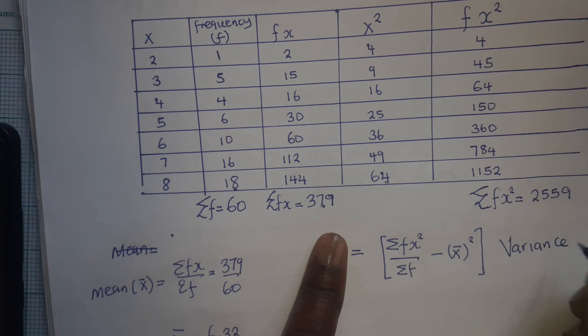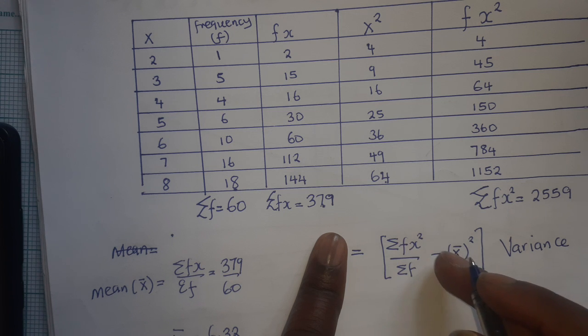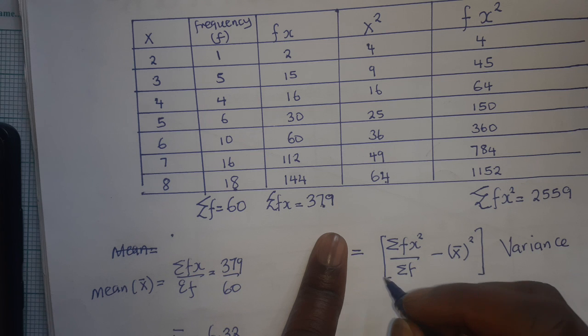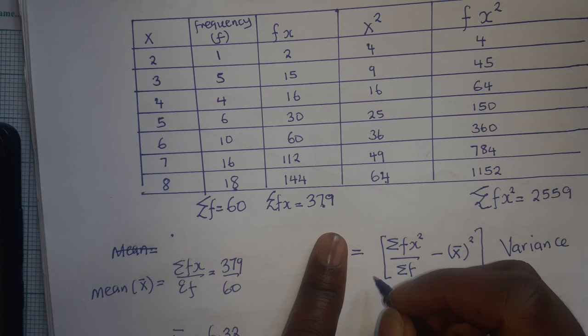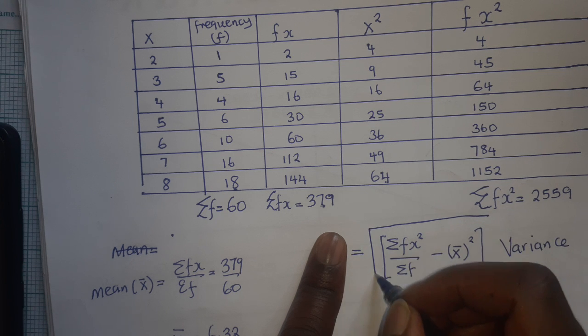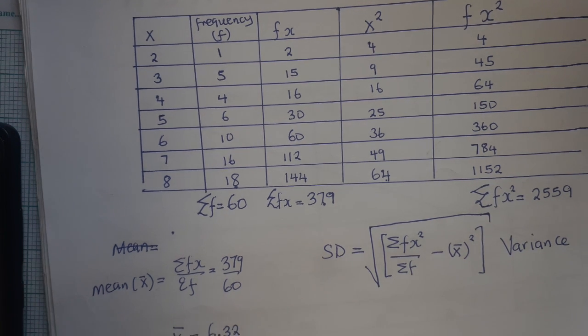Variance is this part here. But when we introduce the square root, that is when it becomes the standard deviation.